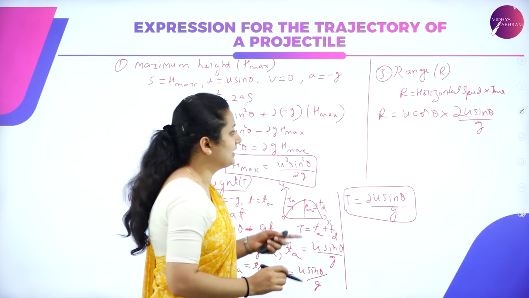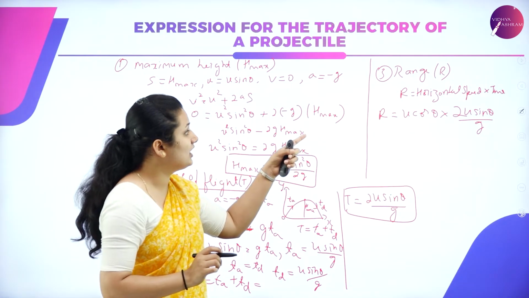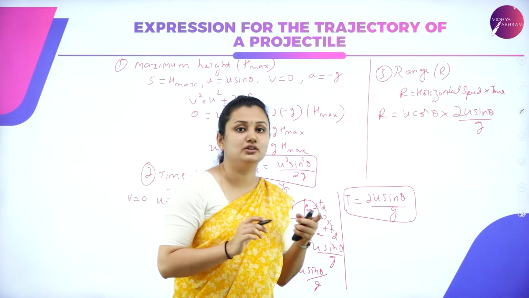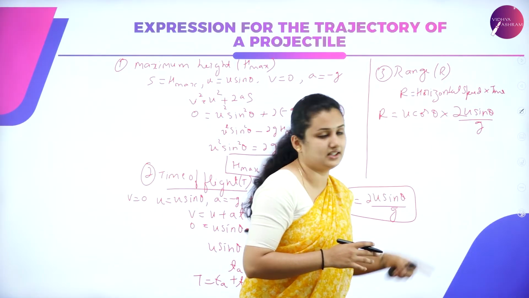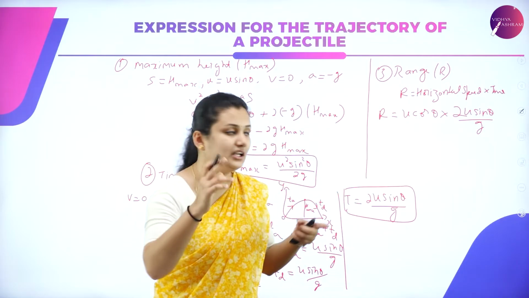So on multiplying, what is cos theta into 2 sin theta? It is sin 2 theta. From the trigonometry, cos theta into 2 sin theta is nothing but equal to sin 2 theta.